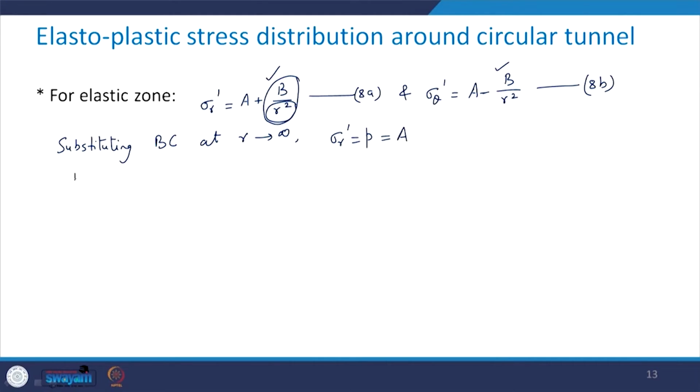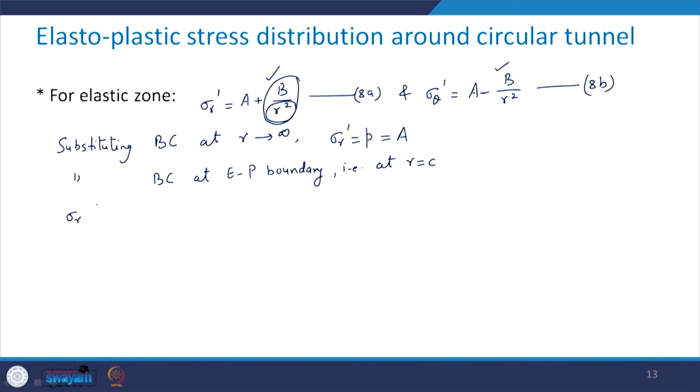Okay. Now, substituting this boundary condition at the elasto-plastic boundary, which is at r equal to C. So, what was that?